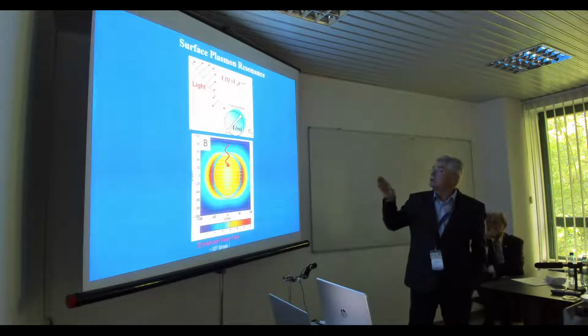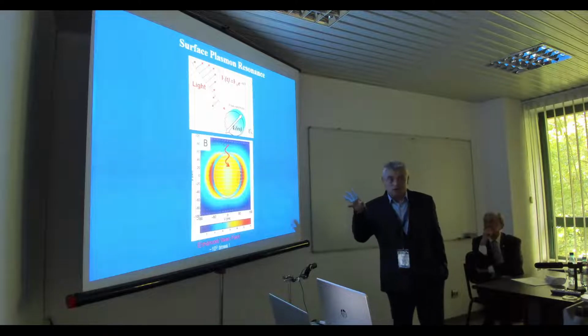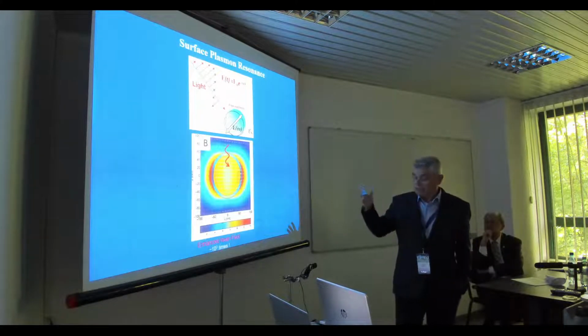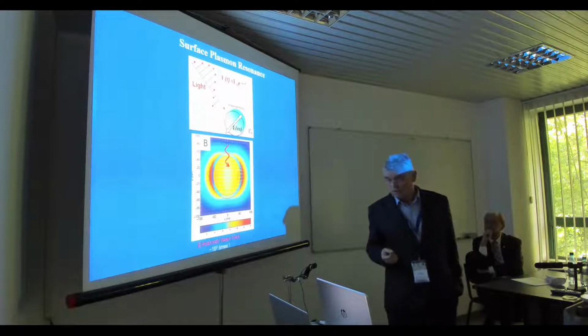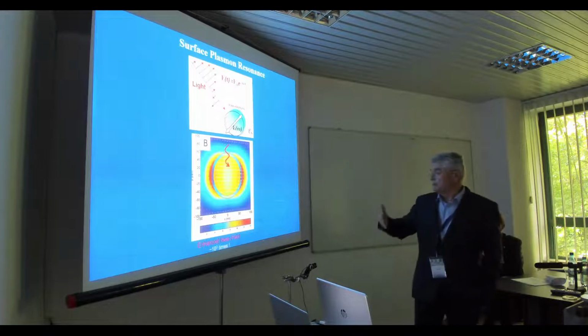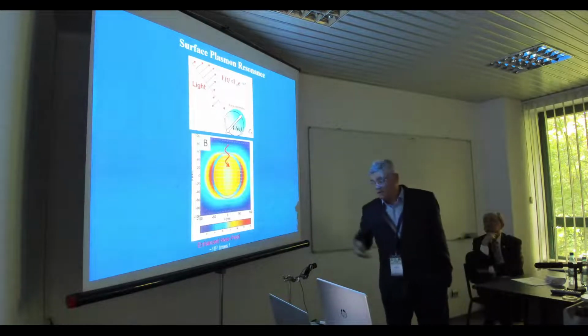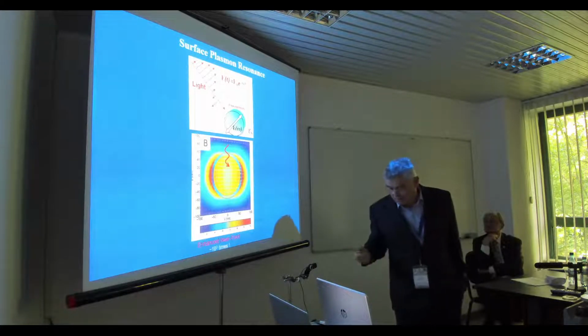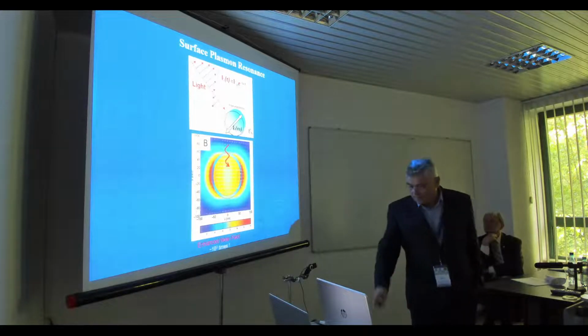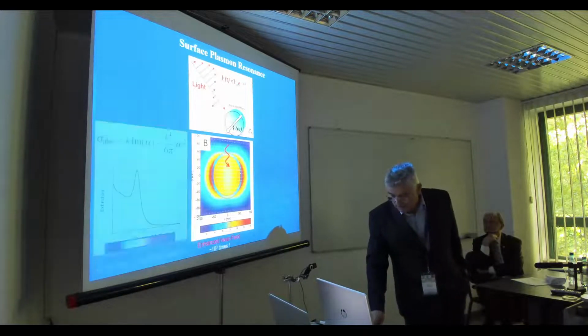One is an increase of the local field around the nanoparticle. The local electromagnetic field around the nanoparticle increases by, let's say, 10 to the power 3, which is usually very big.